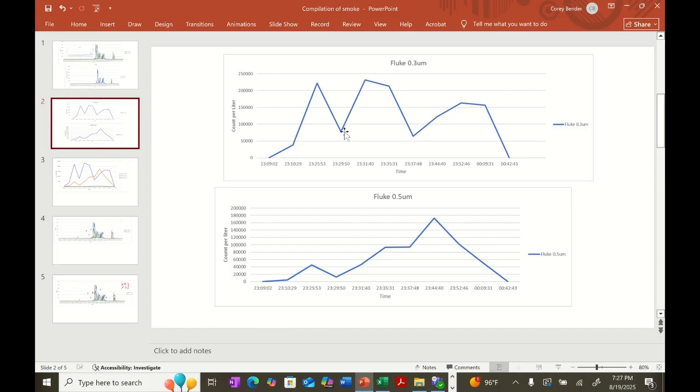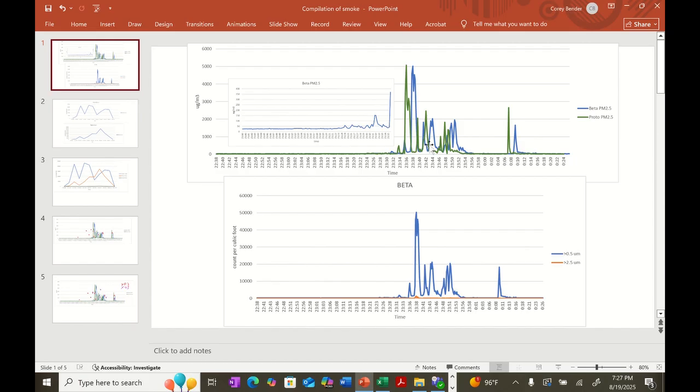So you see the 0.3 micrometer bin had already gotten a hit, and those much smaller, ultrafine particles were getting into the box. And you see at this time there's not a lot of the 0.5 micrometer, which explains why the Dylos greater than 0.5 and greater than 2.5 are not registering anything, although you can start to see a little bit of slight readings there.